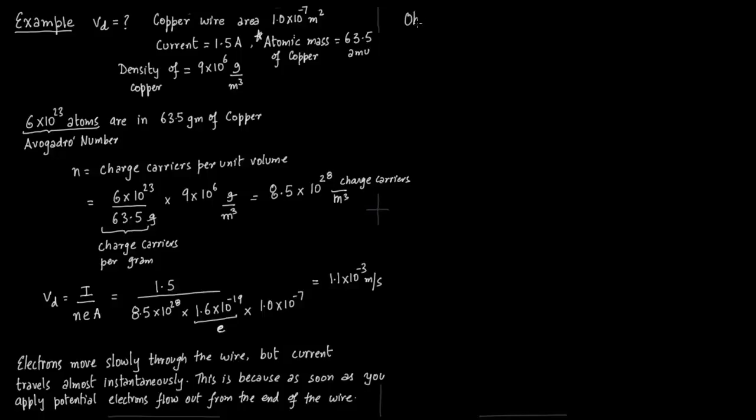Now we want to talk about Ohm's law. Ohm's law states that the ratio of current density, which we will denote by J, to the electric field E is a constant.